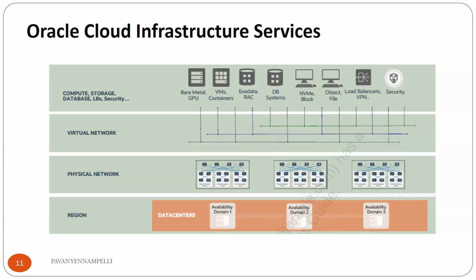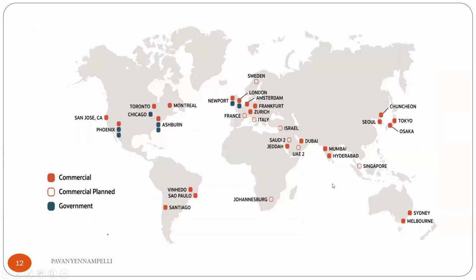What do we mean by region? A region is a geographical location like India, or it may be anywhere in the world, any continent or country. Right now we have regions in the locations shown here.